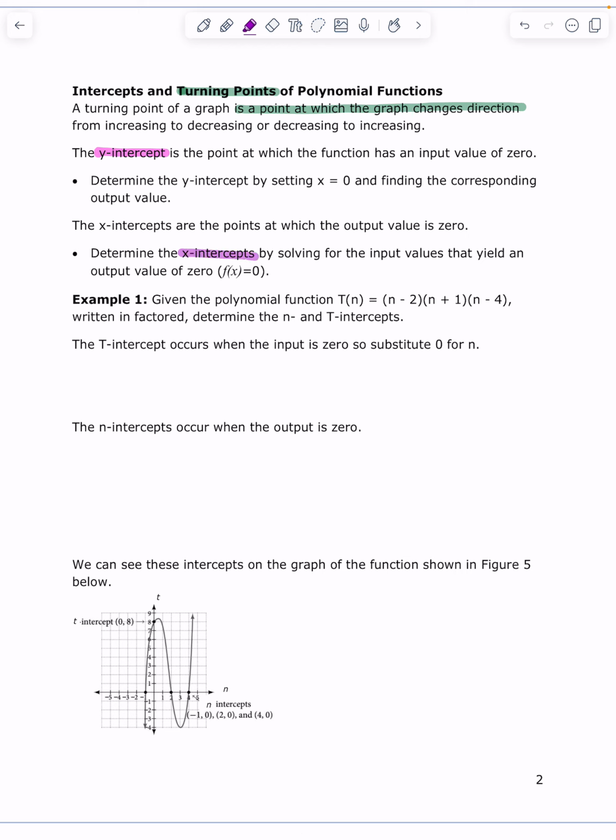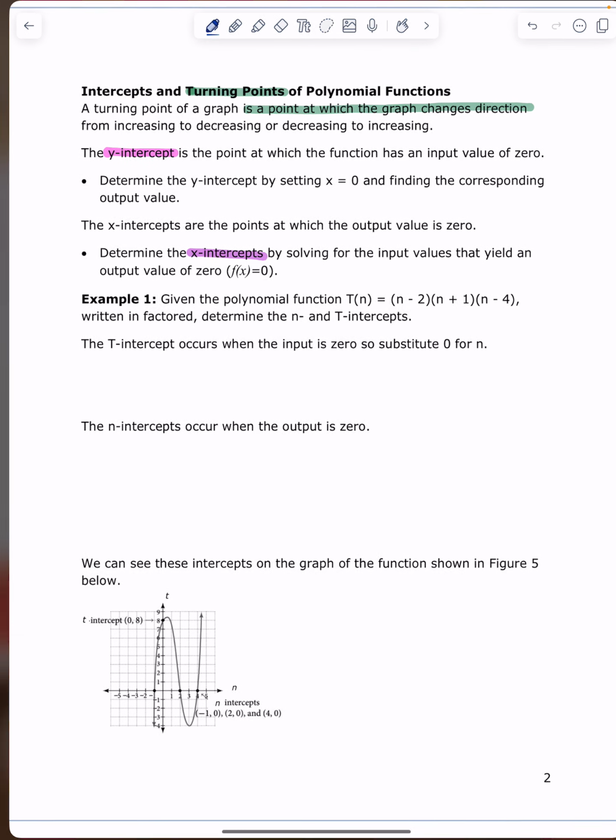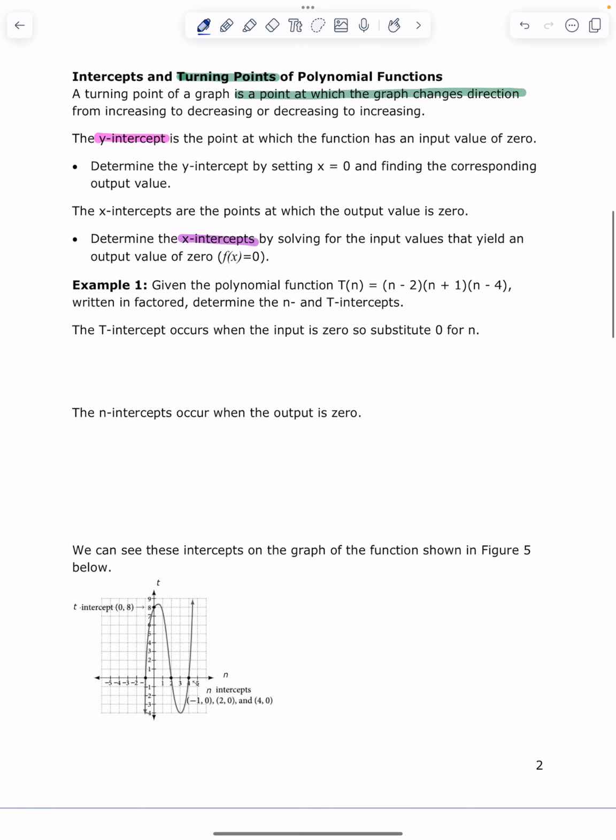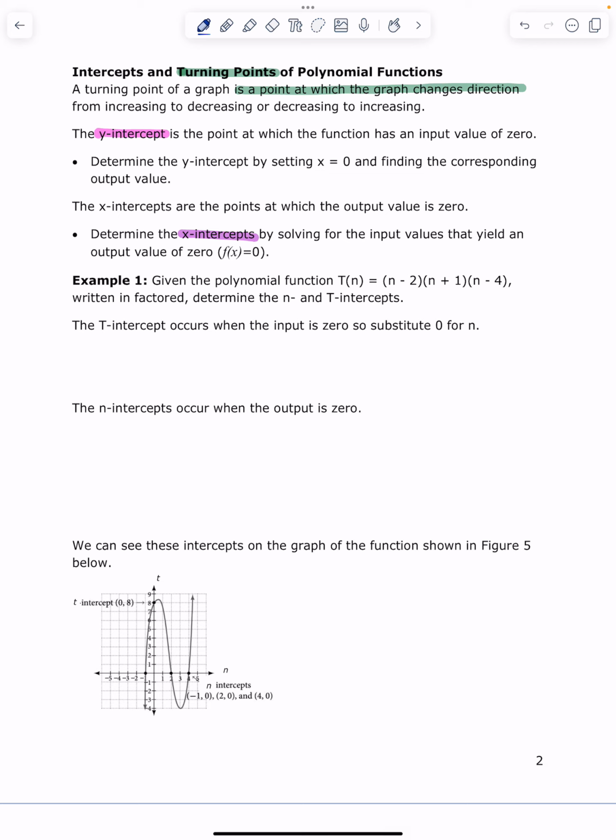And now, we don't always have x and y. So we're going to work through example 1 here. We have a polynomial function t of n. It's already factored for us. The n is going to be our input, right?